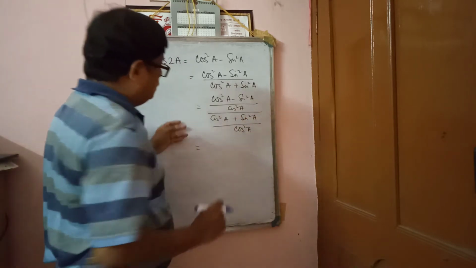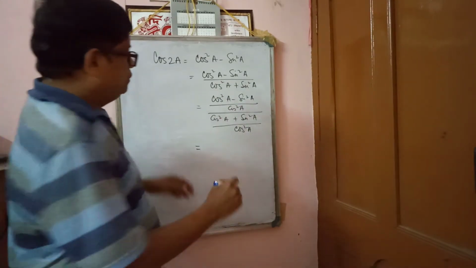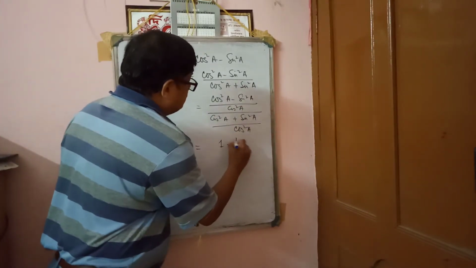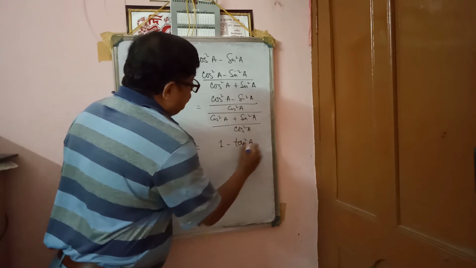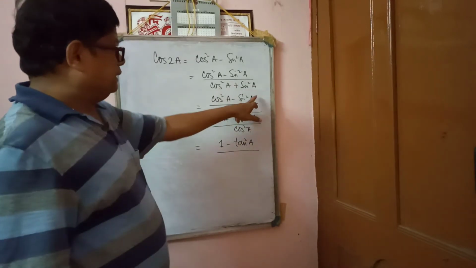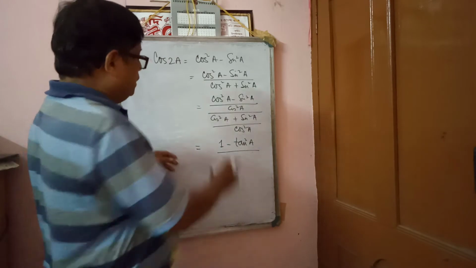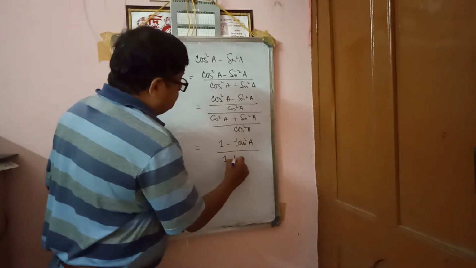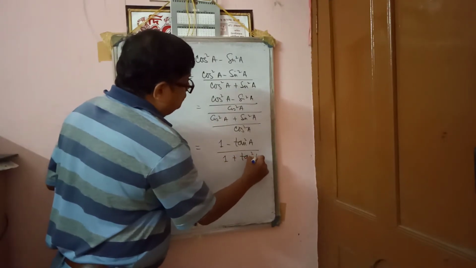So cos square by cos square is 1. So we write 1 minus sin square by cos square, which is tan square a, and this is 1 plus tan square a.